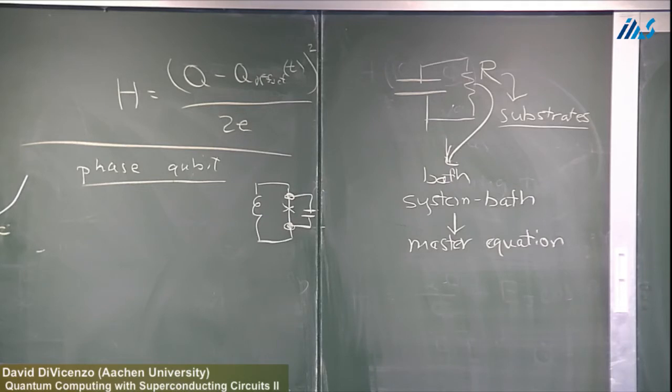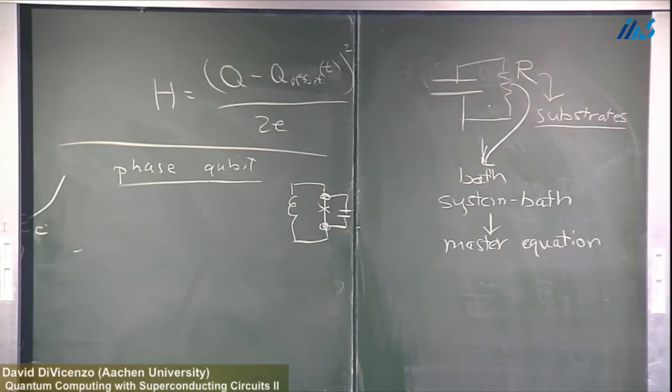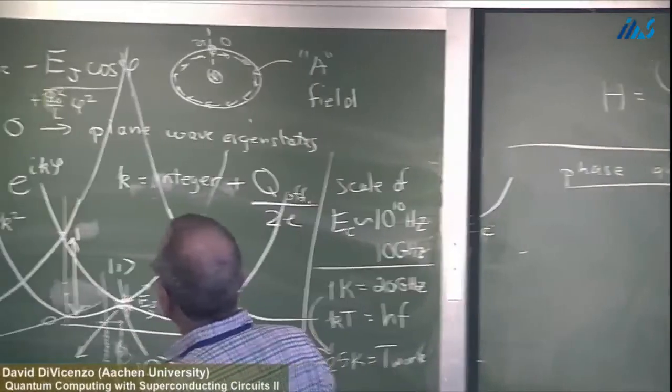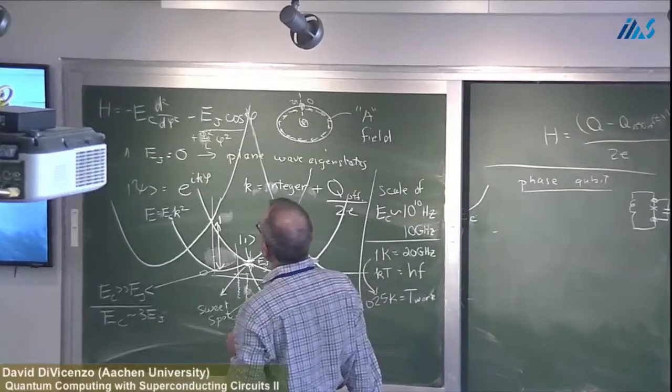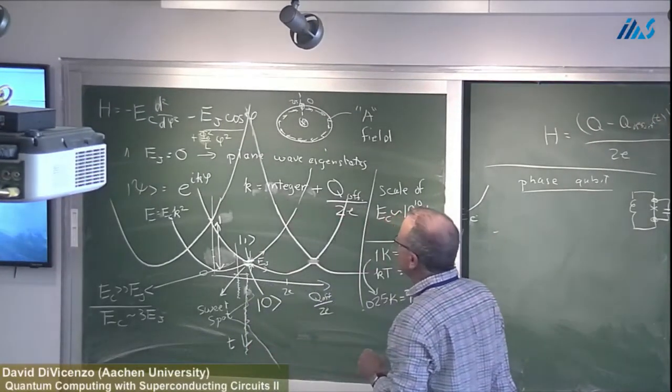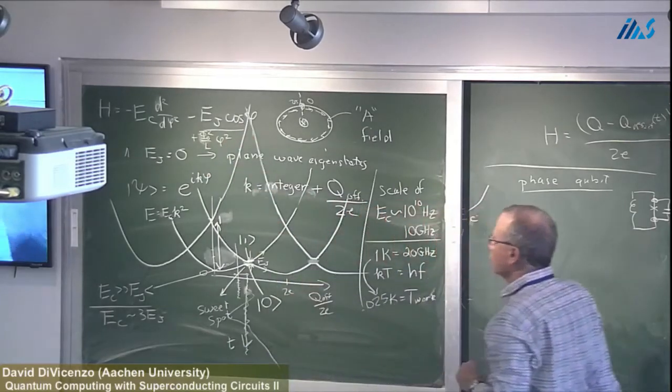I can just call it what it is, really, which is phi 0 squared over L, and then times phi squared. I believe that's correct. I'm just trying to get the units right anyway. Flux squared over L. So anyway, it's an additional term which is quadratic.